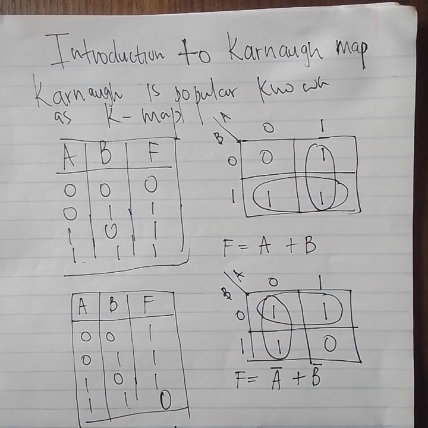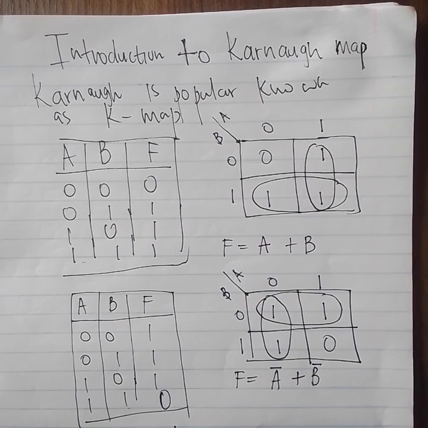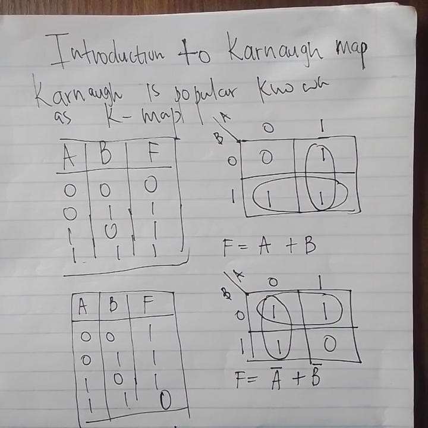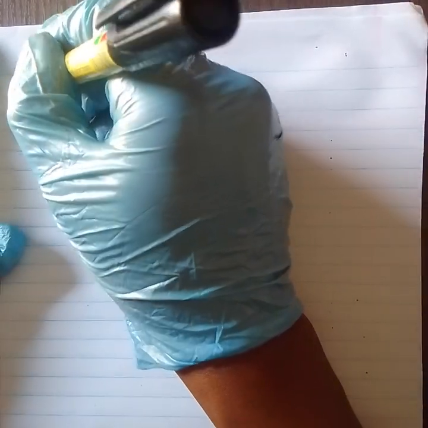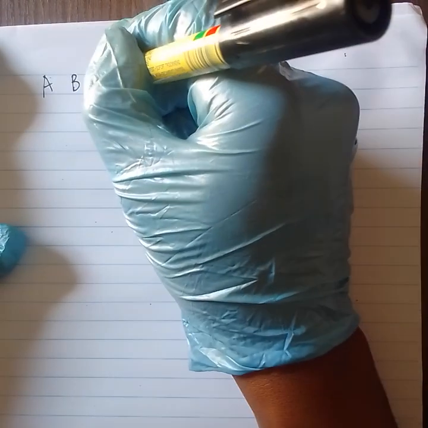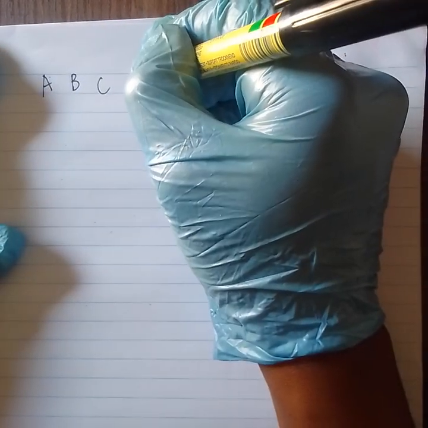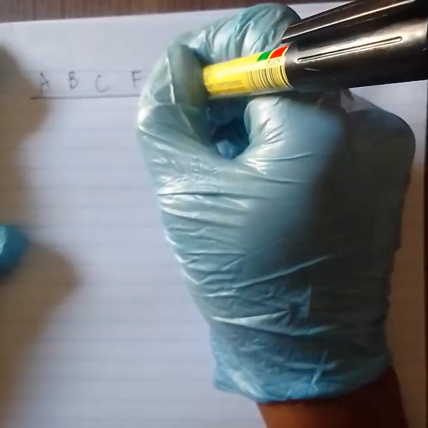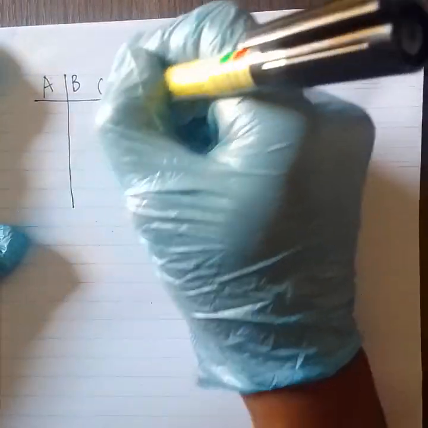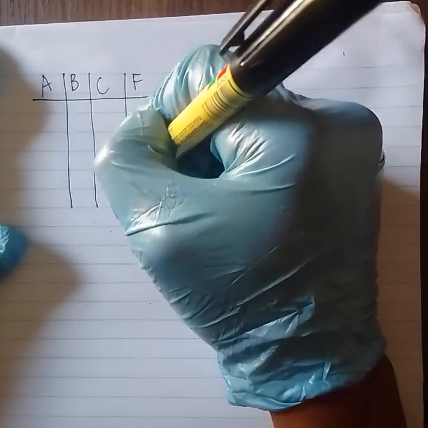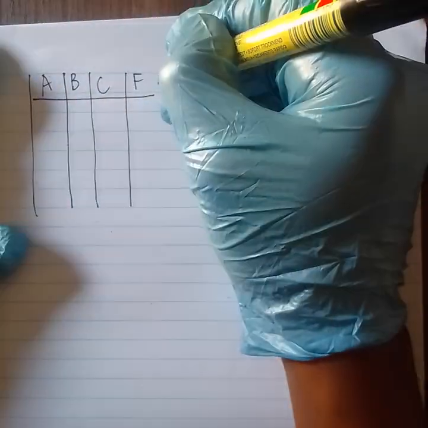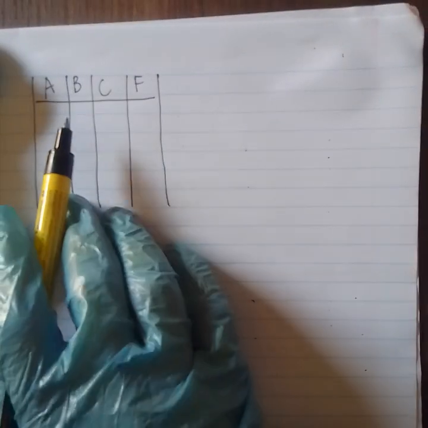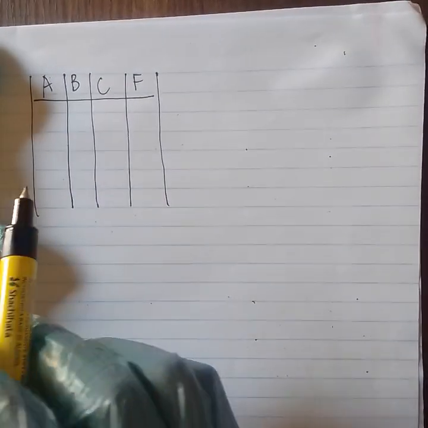How will you plot the K-map of a truth table with 3 inputs? Let's imagine we're given this truth table. It's A, B, C, and our output is F. Now, instead of 2 inputs, we have 3 inputs.